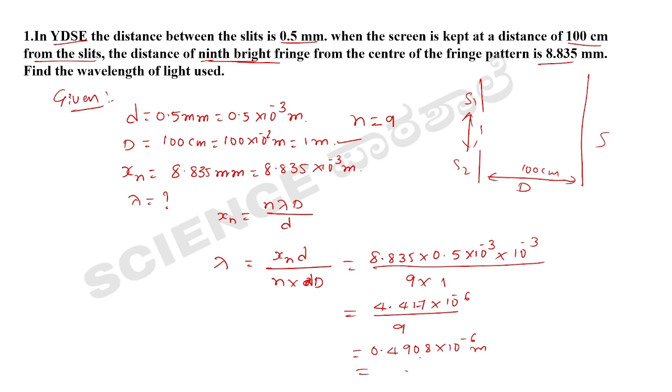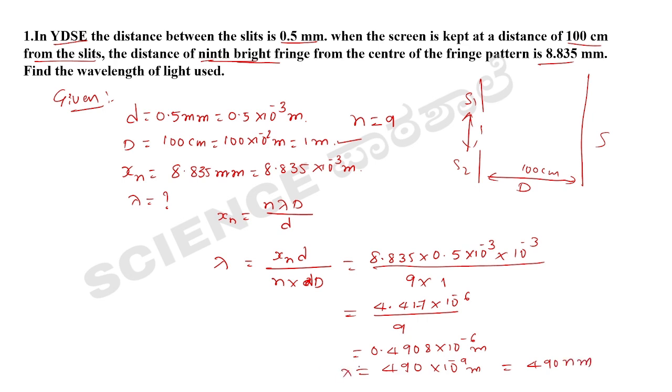Or else shift 3 points to the right, and you get minus 9, that is 490 into 10 raised to minus 9 meter, equal to 490 nanometer.